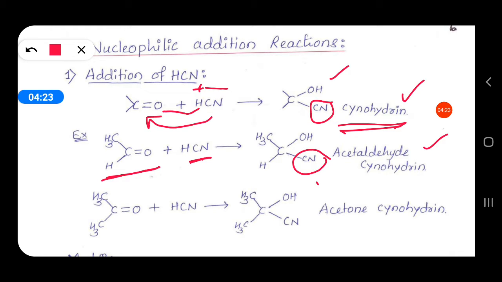The CN group can be hydrolyzed to get the corresponding aldehydes or carboxylic acids, or on complete hydrolysis and reduction it gives a methyl group. So, to introduce a new carbon in the chain, this reaction is specifically used.